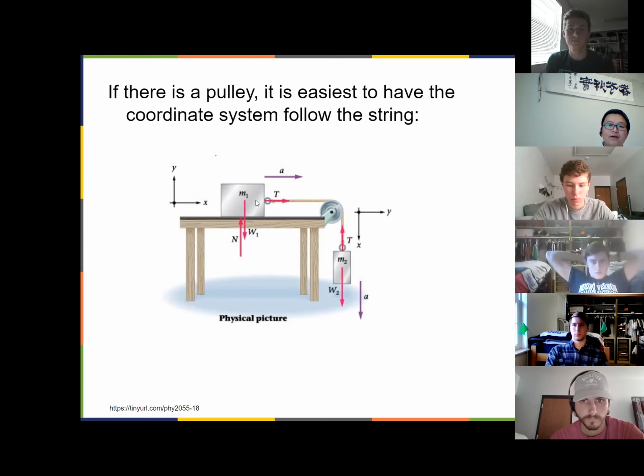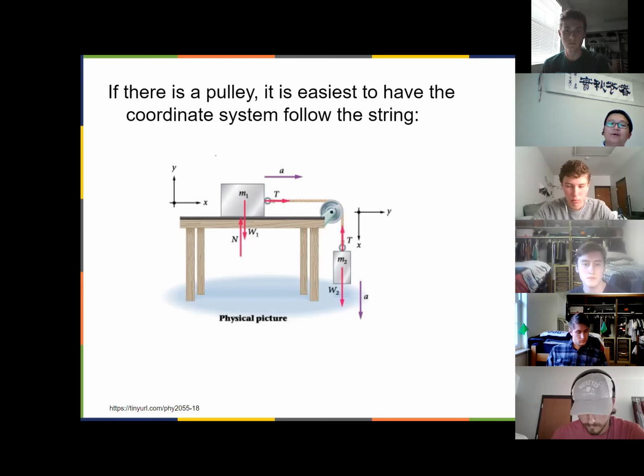When you have objects connected with a string, wire or rope, etc., they are called connected bodies. In this scenario, because you have a pulley involved, the tension in the string will be pointing in different directions, because an ideal pulley changes the direction of the tension.